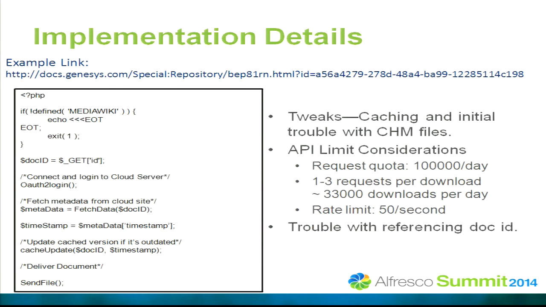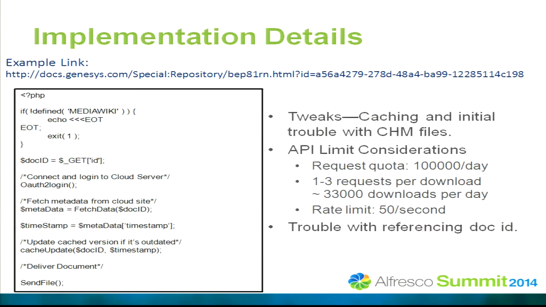And now I'll go over a few more of the implementation details. So here's an example of a link that a customer will click on our website. So here you see this is a node ID, same as you see in Alfresco. Our website runs a MediaWiki, so we use PHP, and the script itself is implemented as a plugin to MediaWiki.